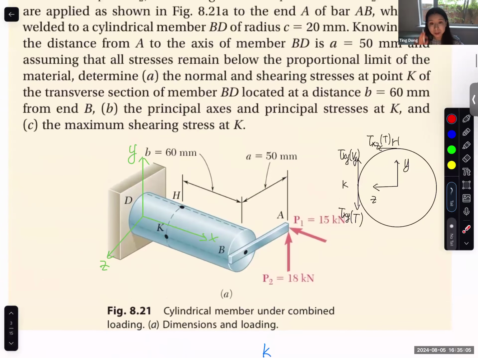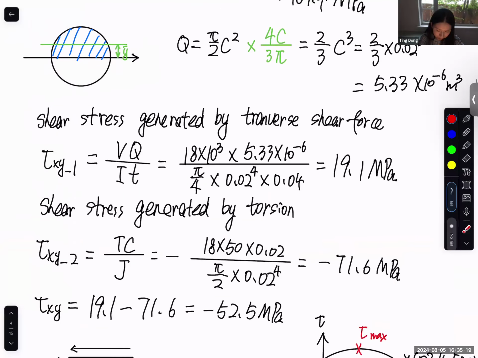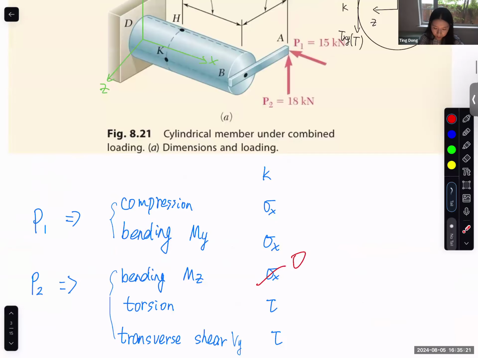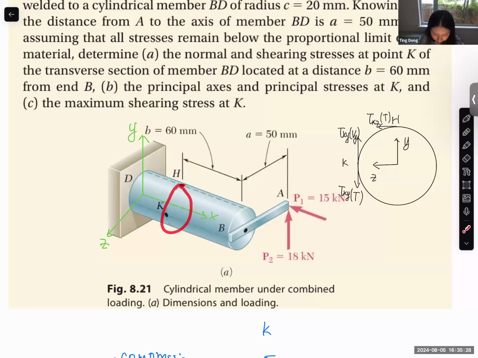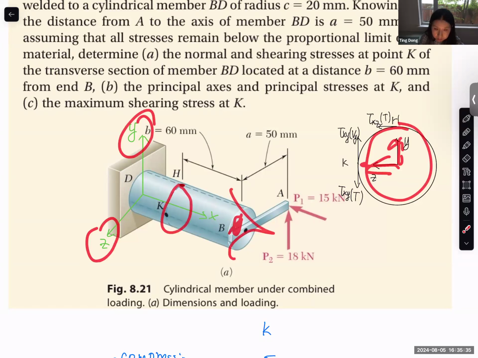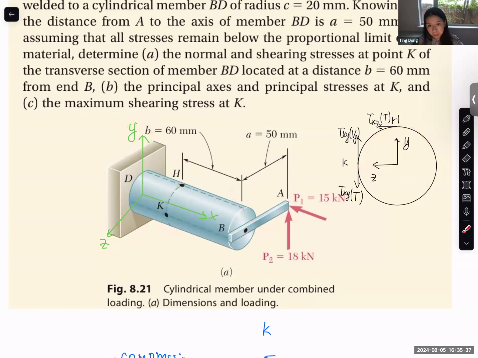For this next one, it's a little bit more complicated, because the shear stress generated by transverse shear force and the shear stress generated by torsion are in different directions. So in my solution, I actually used the correct sign convention, not only the magnitude. For this cross section, if I look from this side, this is the cross section, and y and z are the coordinates.